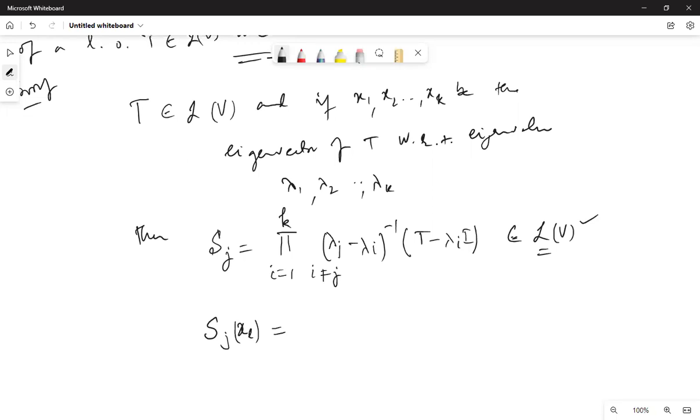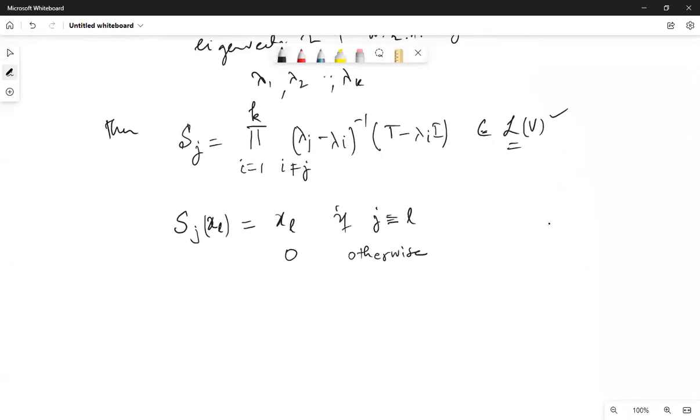This is exactly xl if j is equal to l and 0 otherwise. Is it okay?